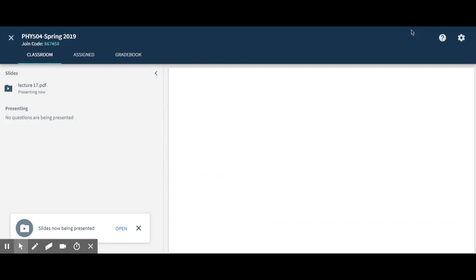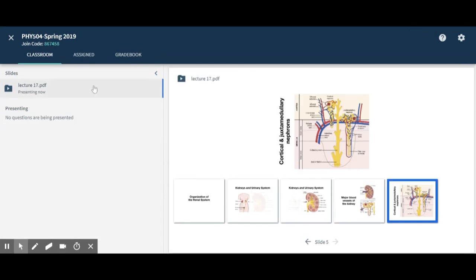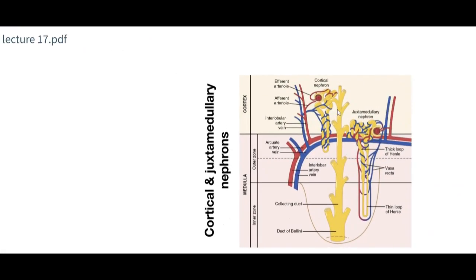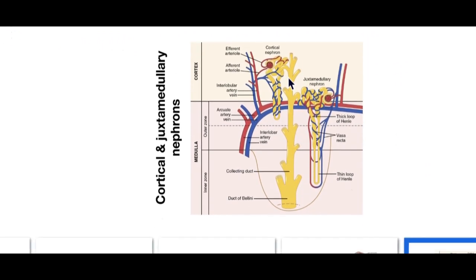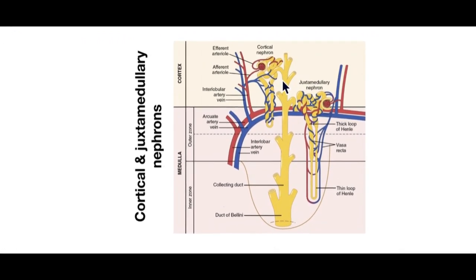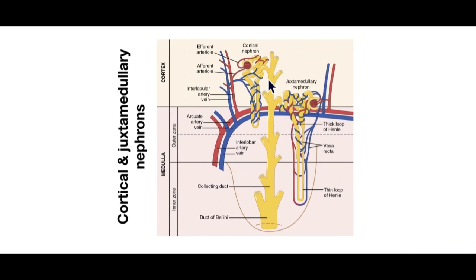Our cortical versus our medullary regions are going to help us to identify different types of nephrons. We have a cortical nephron, most of which is going to reside up in the cortical region. You see all of the capillary beds and all of the convoluted tubules reside up here, as well as your glomerulus.